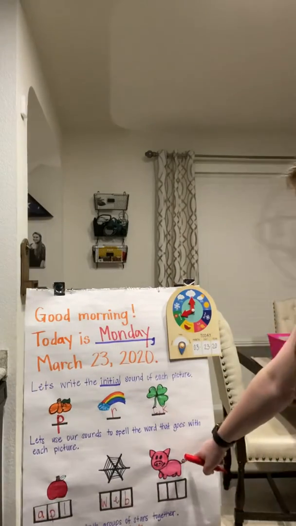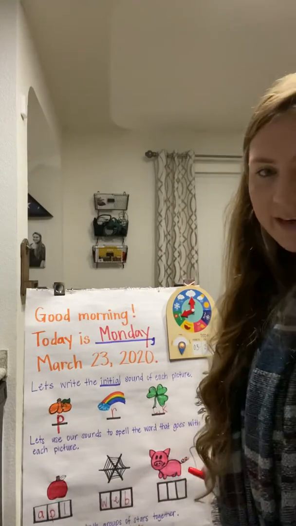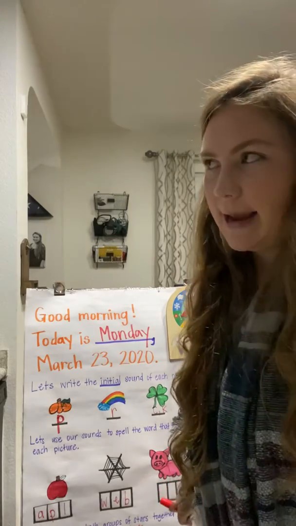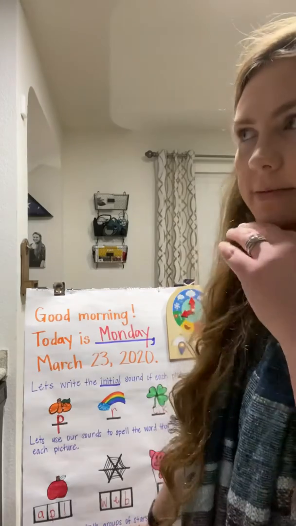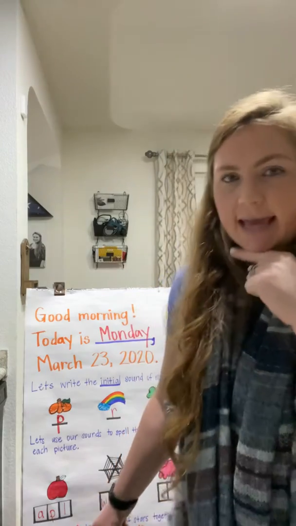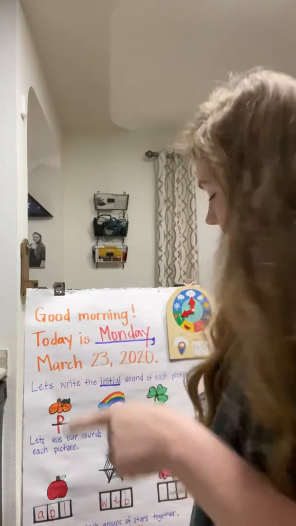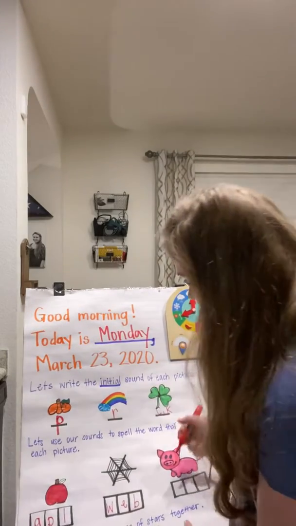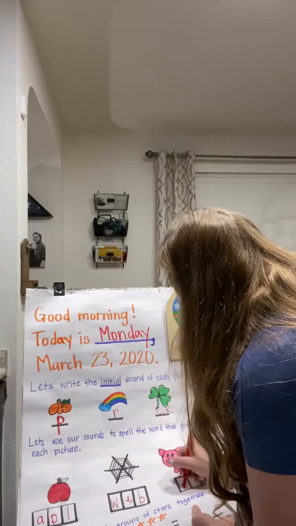And the last one, we have a picture of what is that cute thing down there? That is a pig. Say pig. Now let's count the syllables. Pig, pig. How many times did my chin go down? Pig. One time, right? So let's sound it out. What letter makes that sound? P. Nice.